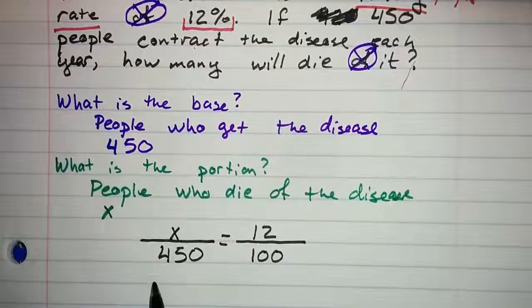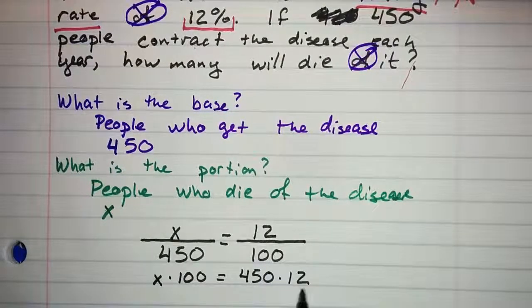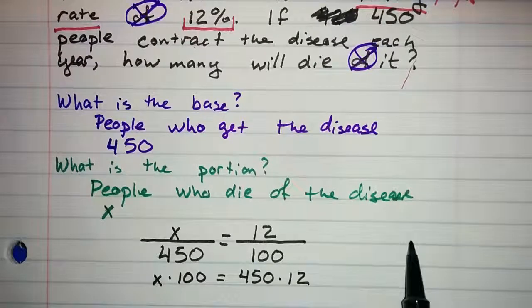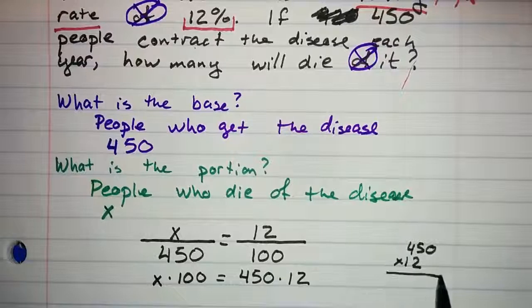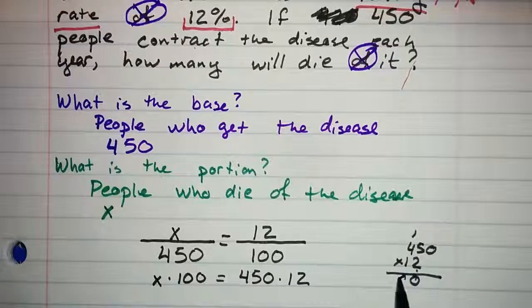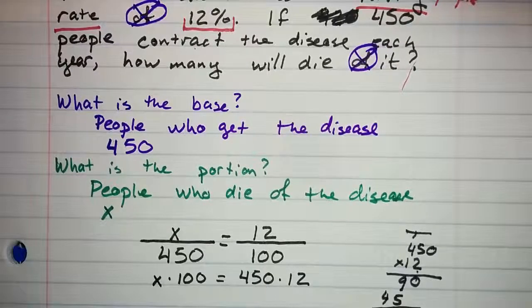All right, we're ready to cross multiply. X times 100 is 450 times 12. Let's do that multiplication. 2 times 5 is 10. 2 times 4 is 8, plus 1 is 9. 1 times 5 is 5. 1 times 4 is 4. Add them up.